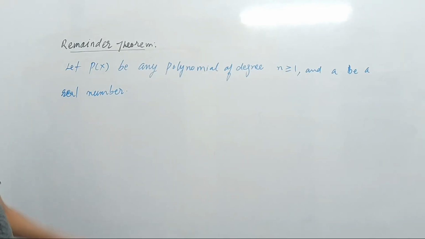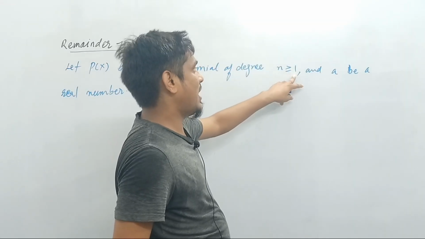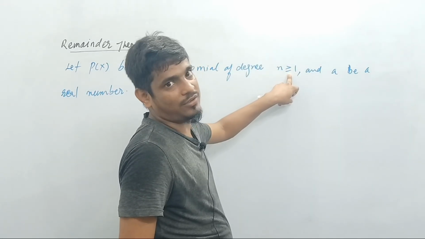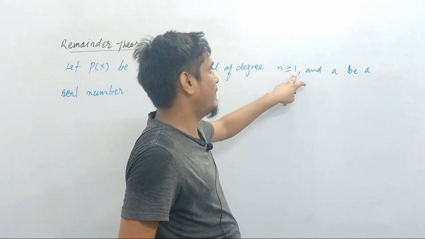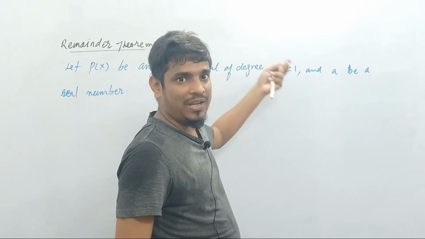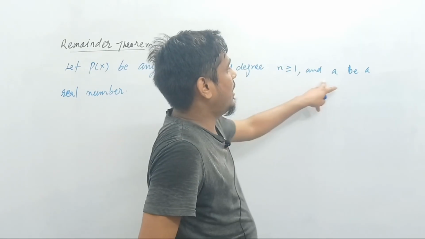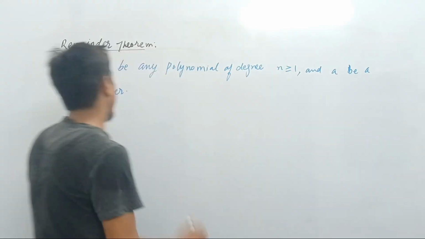So first of all, P is any polynomial of degree n which is either 1 or greater than 1. This symbol, greater than or equal to, implies what? Either n is equal to 1 or it is bigger than 1. It might be 2 or 3 or 4 or 5, whatever it be, and a is a real number.